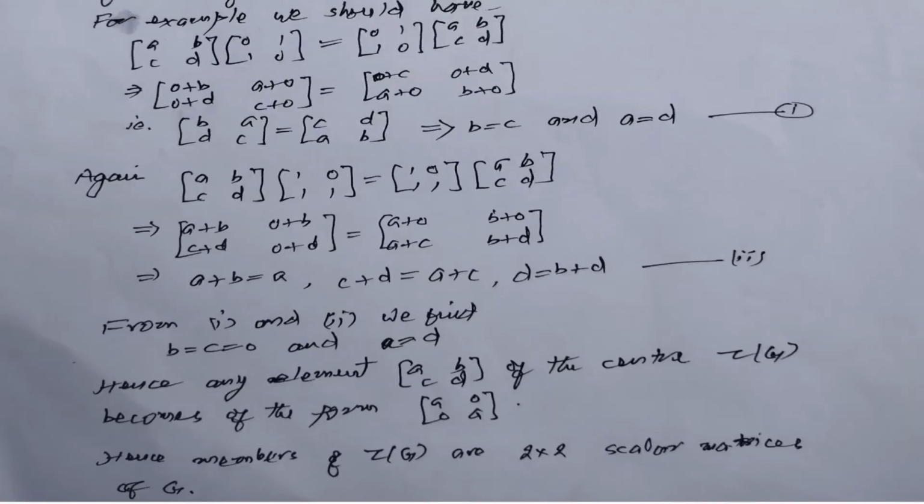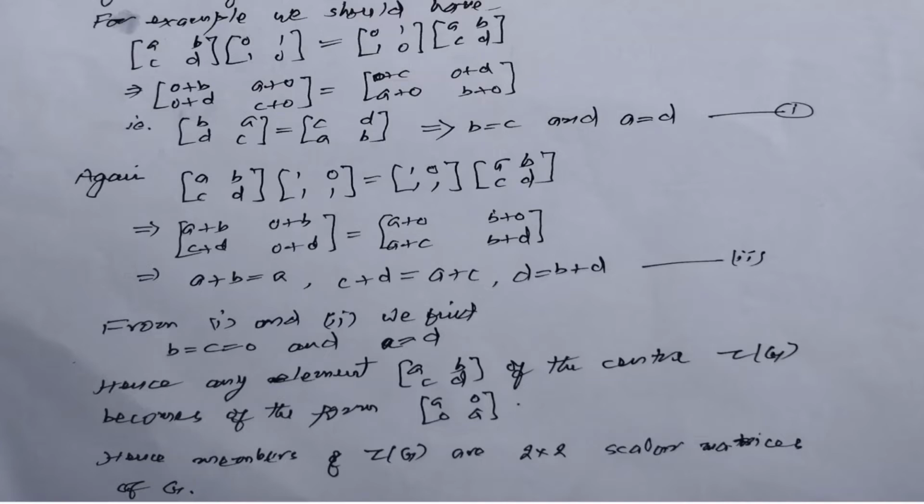For example, matrix [A, B; C, D] times matrix [0, 1; 1, 0] equals matrix [0, 1; 1, 0] times matrix [A, B; C, D].